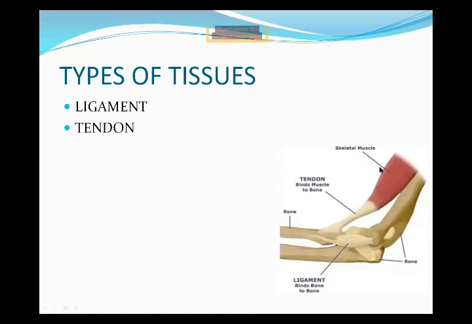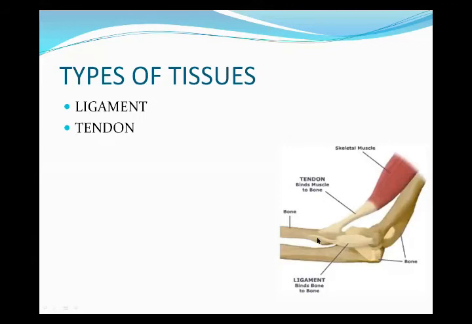In this picture, there are skeletal muscles. You can observe skeletal muscles, and they join with the bones by the help of this tissue. This tissue is a tendon. Tendon and ligament are both tissues used in our skeletal system.